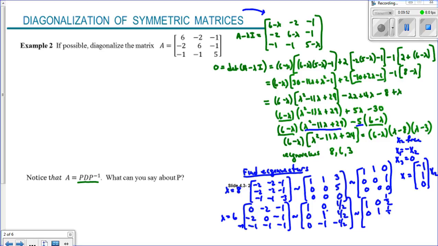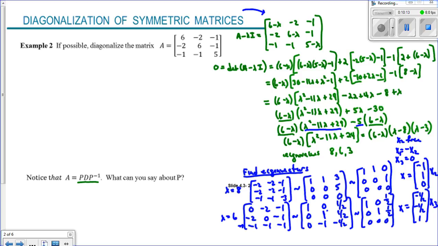Okay, so our x vector then. x3 is our free variable now. We have that x1 is negative 1/2 x3, x2 is negative 1/2 x3, and x3 is just x3.